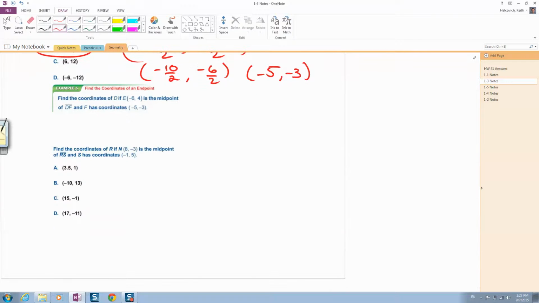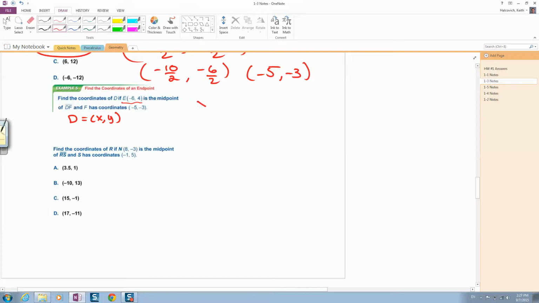Alright, so finding the coordinates of an endpoint. Here they give you the midpoint. They say E is the midpoint of DF, and they give you one endpoint, but you don't know what D is. You just know D is x and y.